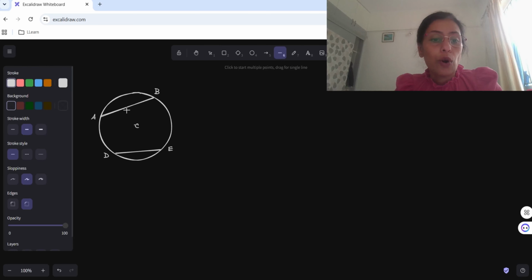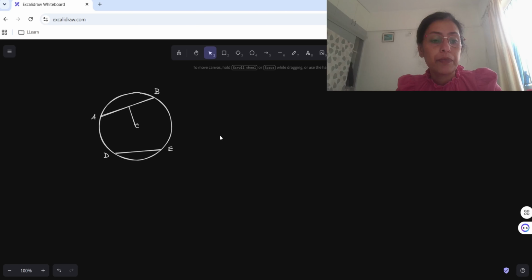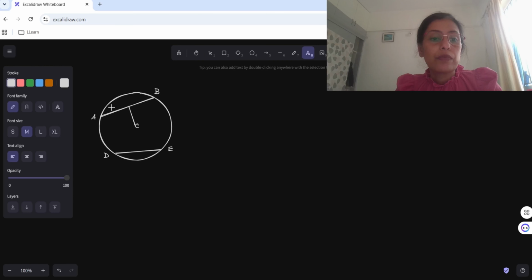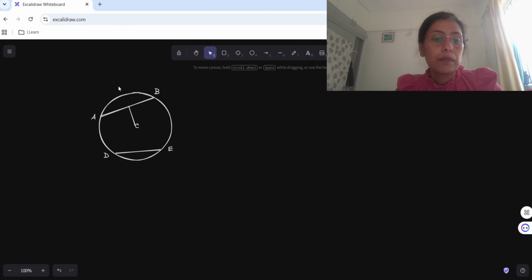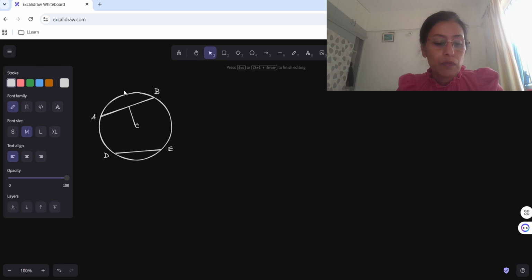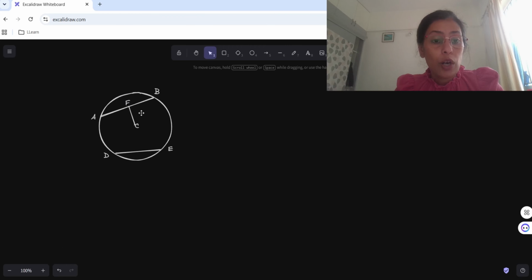Now I want to see what is the distance between the center of the circle to the chord AB. Okay, so I drew a perpendicular line. We'll call this F, the point where it meets the chord.